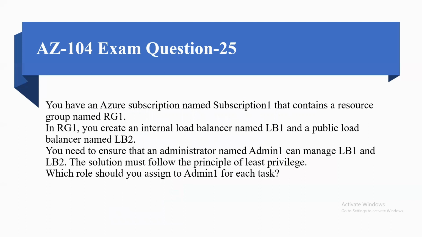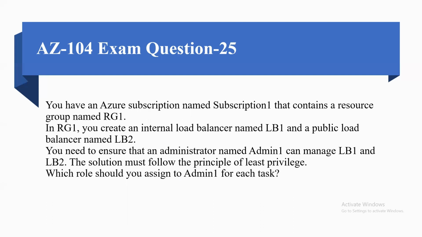Next question. You have an Azure subscription named Subscription1 that contains a resource group named RG1. In RG1, you create an internal load balancer named LB1 and a public load balancer named LB2. You need to ensure that an administrator named Admin1 can manage LB1 and LB2.